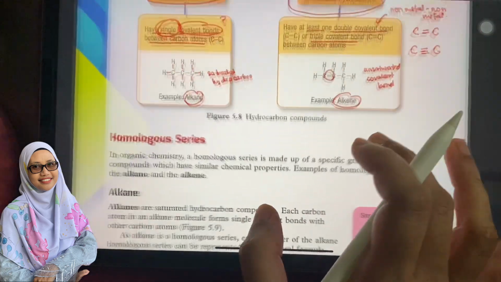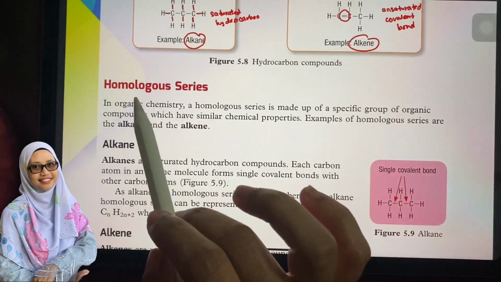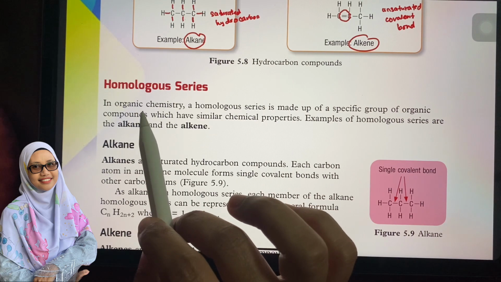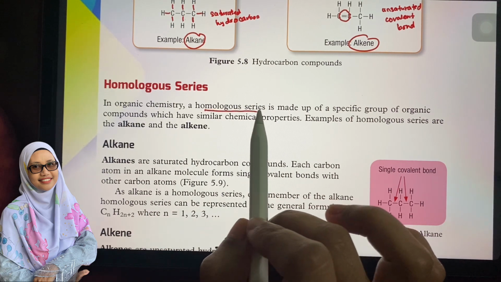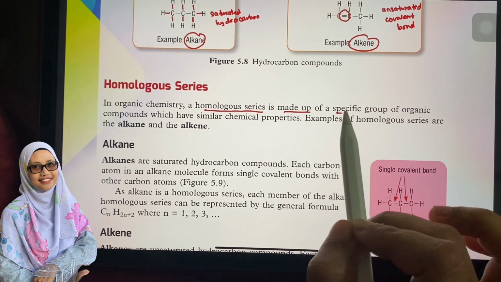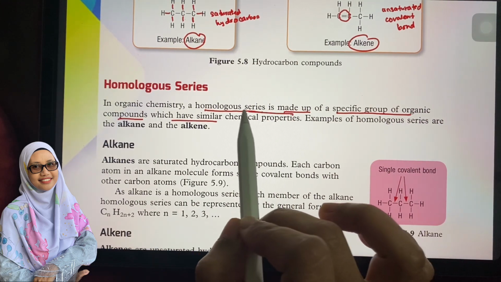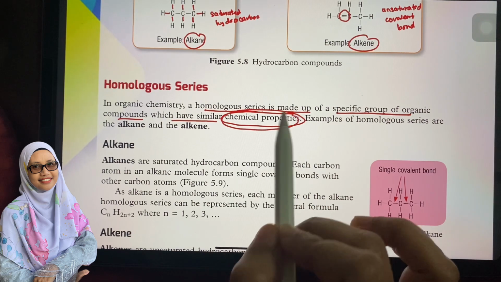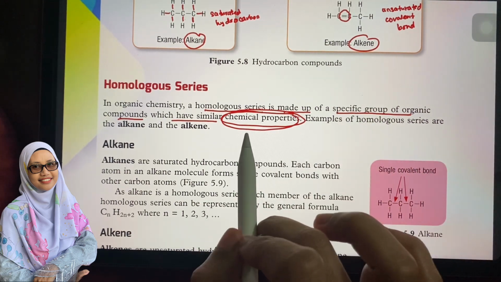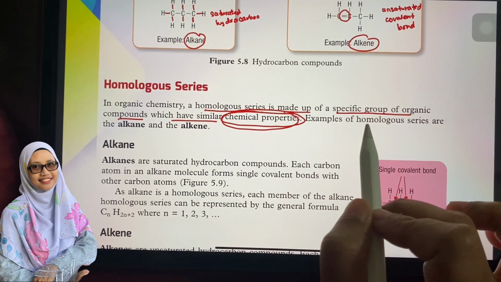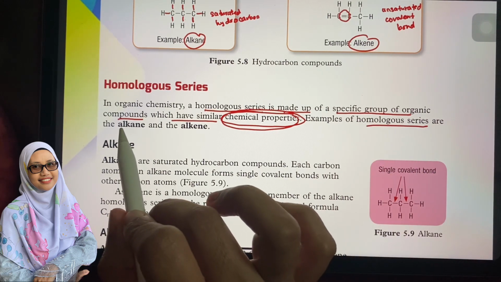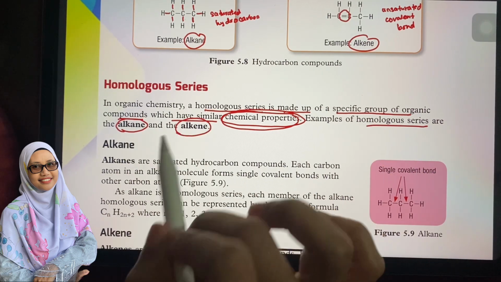So now we go to homologous series. In organic chemistry, the homologous series is made up of a specific group of organic compounds which have similar chemical properties. Examples of homologous series are alkane and alkene.